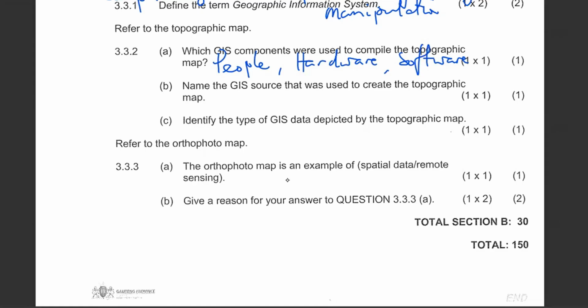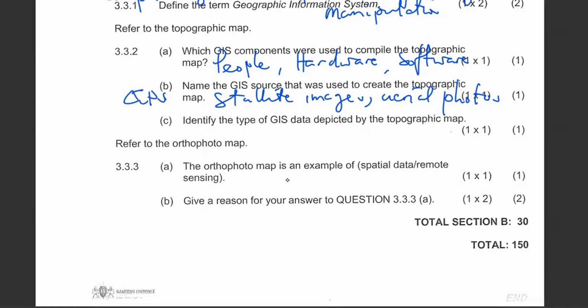Name the GIS source that was used to create the topographic map. They can use satellite imagery. Or we can talk of aerial photographs. Or also we can talk of the GPS, geographical positioning systems.